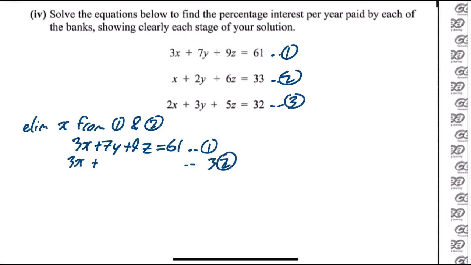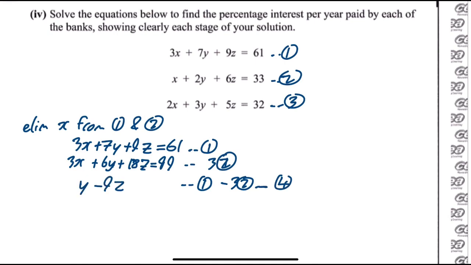So 3x plus 6y plus, sorry, it's not 36z at all, it's 18z, and that's equal to 99. And then if I subtract, I'm just going to do equation 1 minus 3 times my equation 2, and that's going to give me my equation 4.